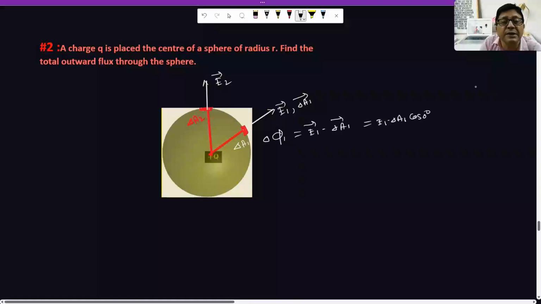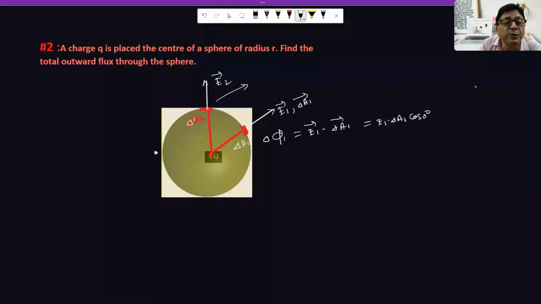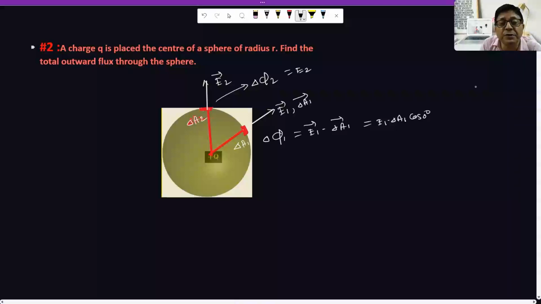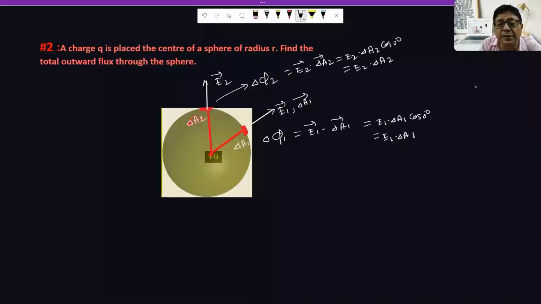Similarly for this area delta A2, the outward flux delta phi 2 is going to be equal to E2 into delta A2, which is E2 delta A2 cos 0 degree. So it is E2 delta A2 only.